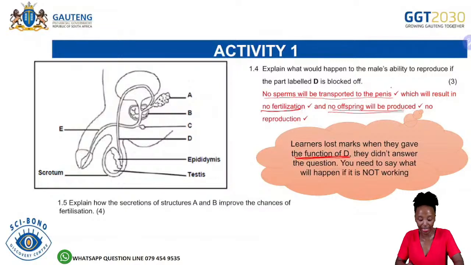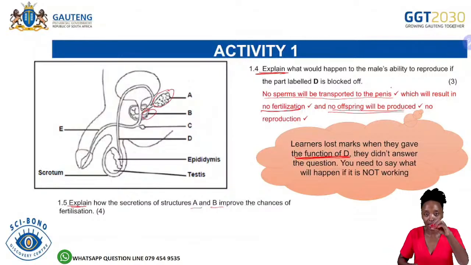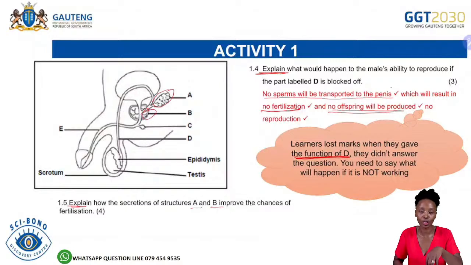Then another question again, explain. See, we've done about 3 questions now on explain. Explain how the secretions of structure A and B improve the chances of fertilization. So A, we said, is the seminal vesicle, B is the prostate. So how do they improve chances of fertilization? Remember, we said these two add a fluid onto the sperm cells.